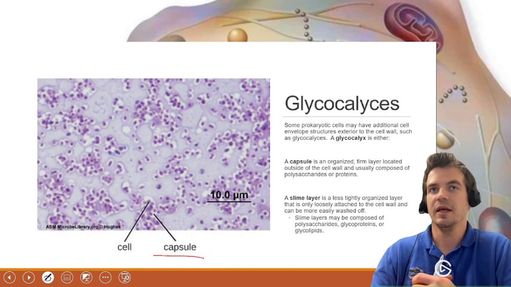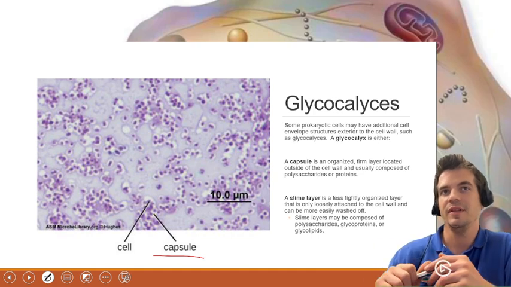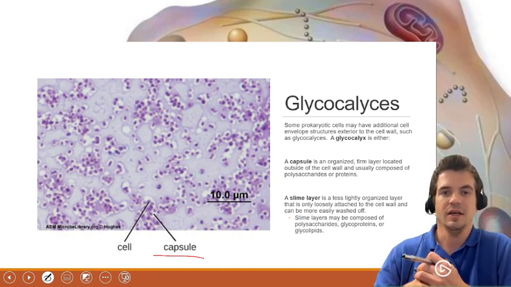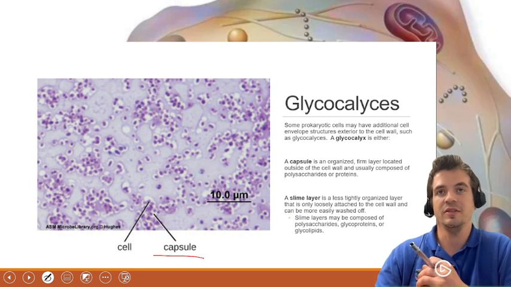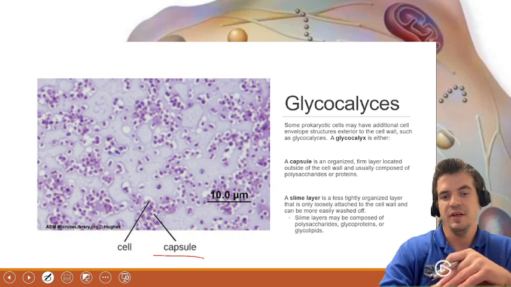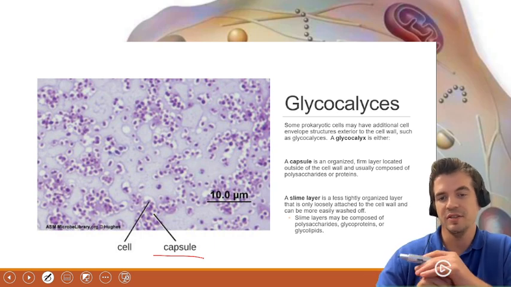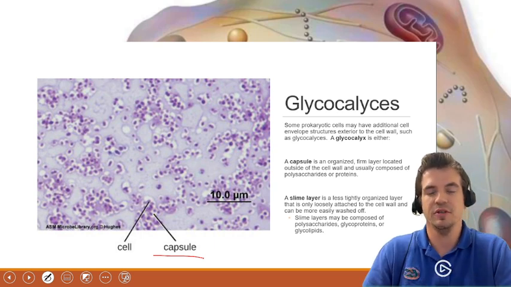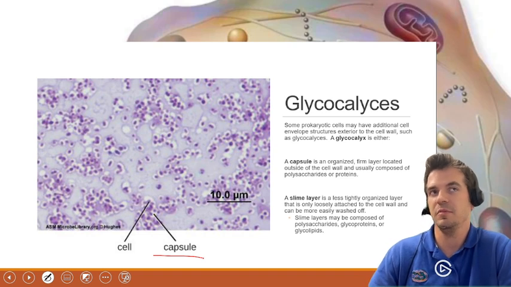All right. If instead you have less tightly organized spaces, you will form a slime layer, and those slime layers are evident like on old driveways or in the back of sheds where there's a lot of moisture. That's a good example of slime layers that are visible.